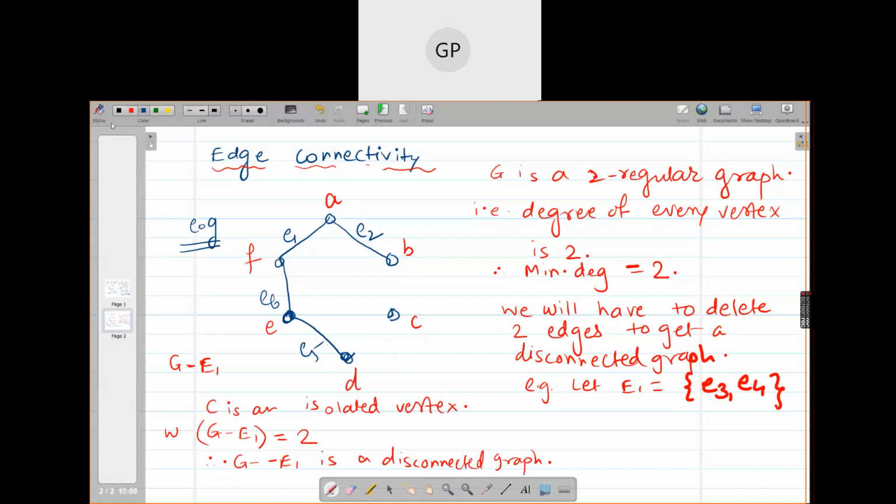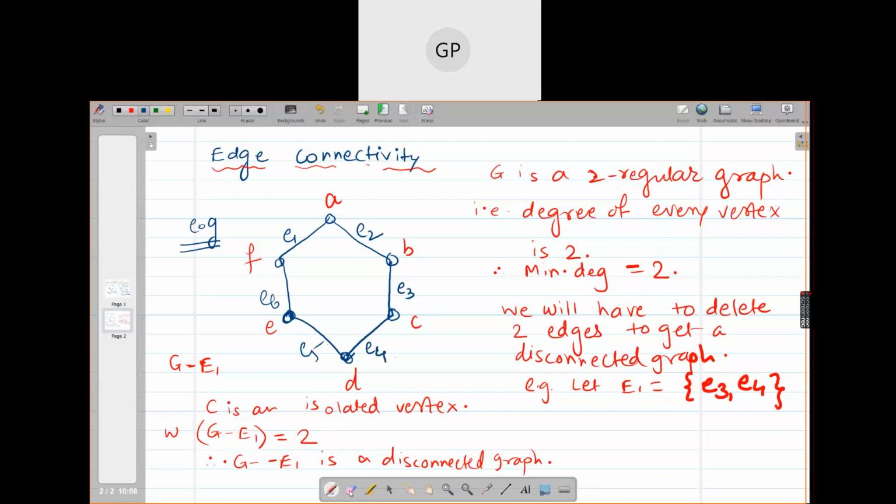Have you drawn this? Finished writing this? Yes, ma'am. Okay. So let me just draw again these edges. Now suppose I delete E3 and E6.